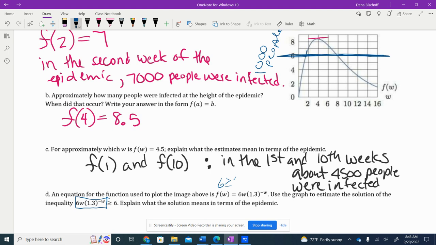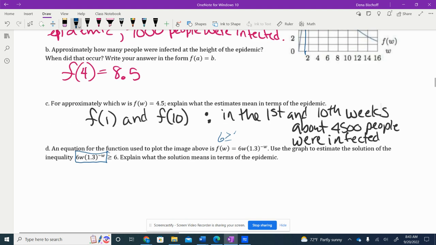So between weeks, I would say between weeks 1 and 8, right? Greater than 1, less than 8.